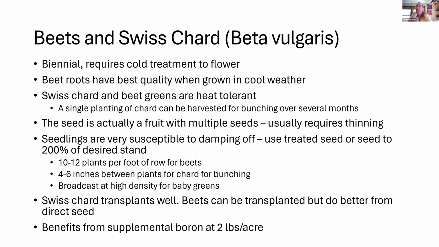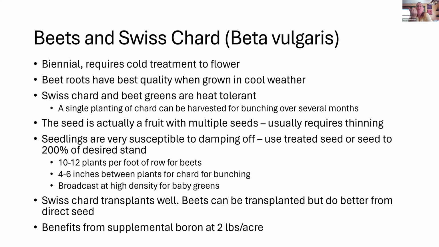The paper pot transplanter was actually developed in Japan for transplanting sugar beets. But you get a better root shape if you direct seed. So beets are tricky in that respect.